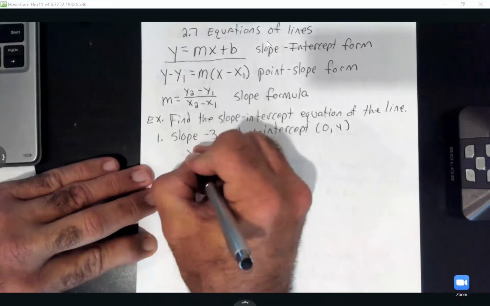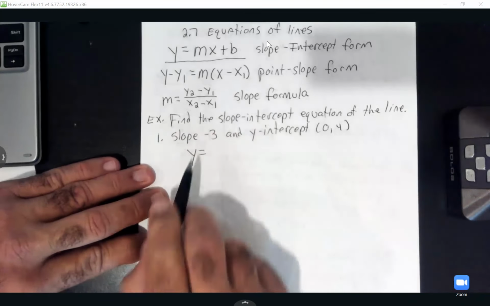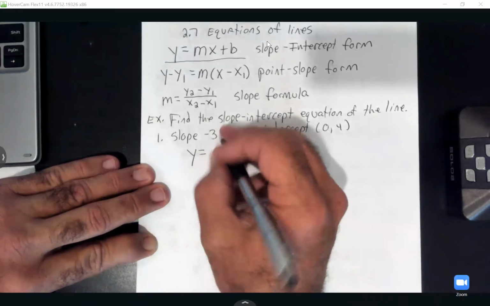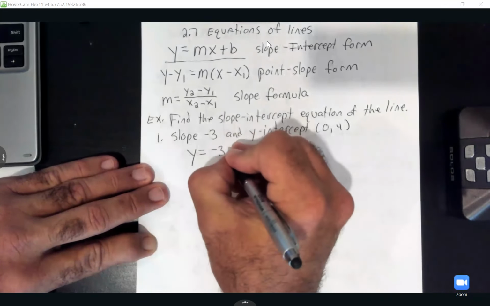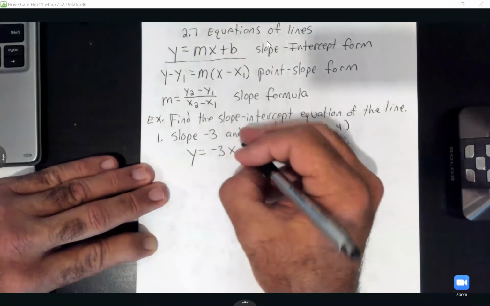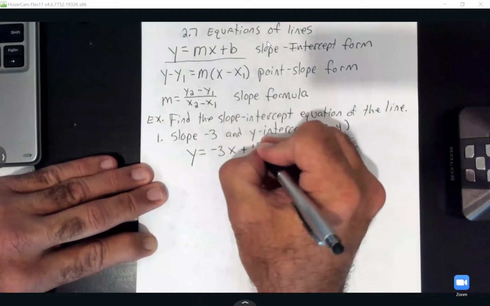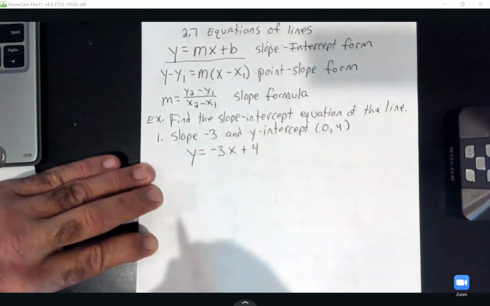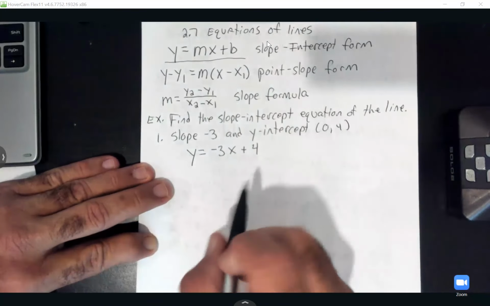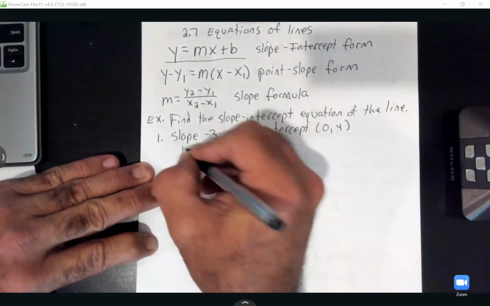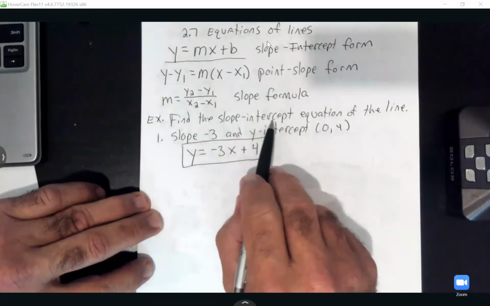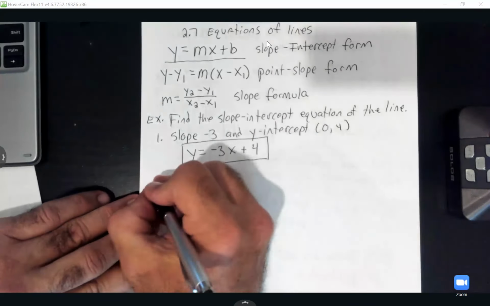So our equation will be y equals, in place of the m, we're going to put our slope, which is -3. Then we're going to bring down our x. The y-intercept is 4, so I'm going to add a +4. Final answer. Plug in for the slope, plug in for the y-intercept, and there is our equation in slope-intercept form, okay?